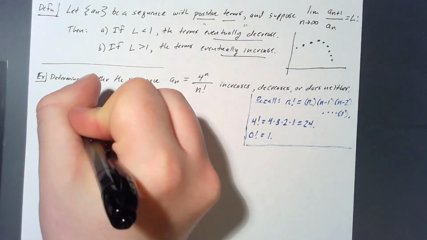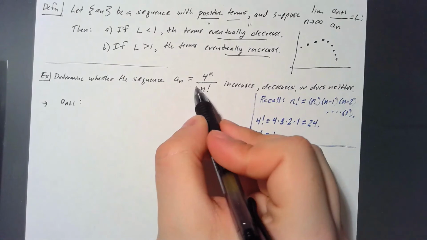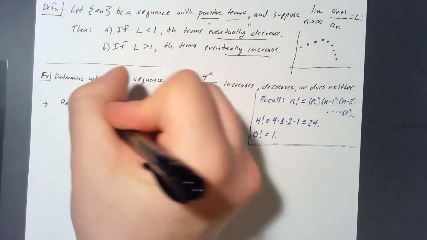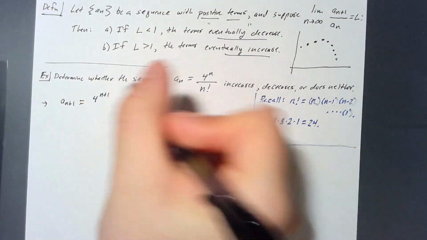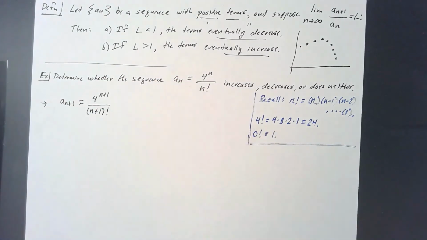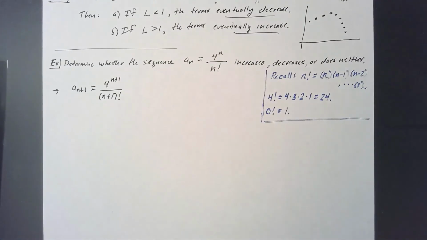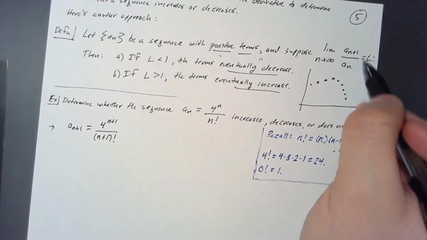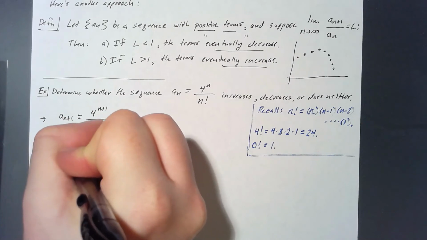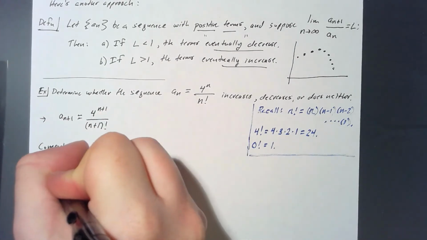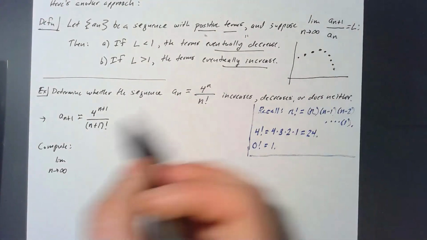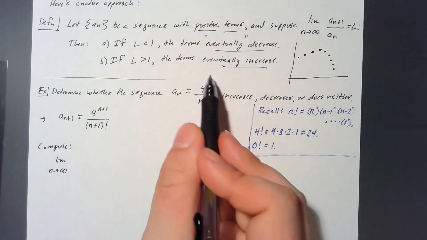what does a sub n plus 1 look like? All you're doing is replacing n with n plus 1. So that's going to equal 4 to the n plus 1 power all over n plus 1 quantity factorial. Now I'm going to compute the limit of this ratio as n approaches infinity. Now a sub n plus 1 is going to be in the numerator, so it's going to be this divided by this.